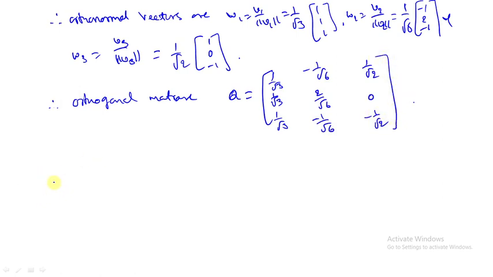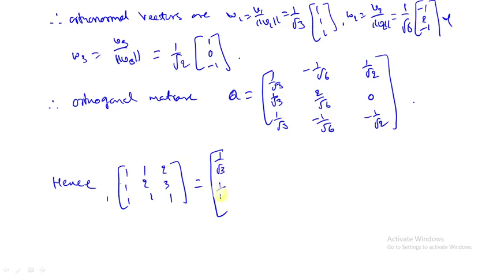Hence A, the given matrix, 1 1 1, 1 2 1, 2 3 1, is equal to Q. Q is this one: 1 by root 3, 1 by root 3, 1 by root 3, minus 1 by root 6, 2 by root 6, minus 1 by root 6, 1 by root 2, 0, minus 1 by root 2.